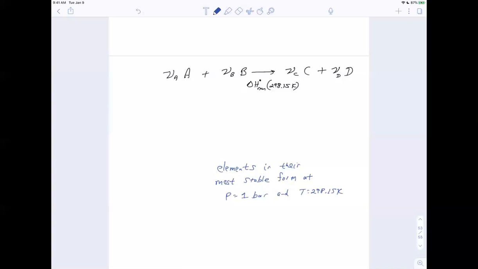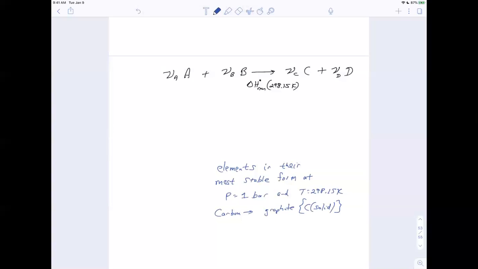And so an example is carbon. This probably is covered in the text in more detail than I will cover, but for carbon, the most stable form at these conditions is graphite. So it's carbon solid.